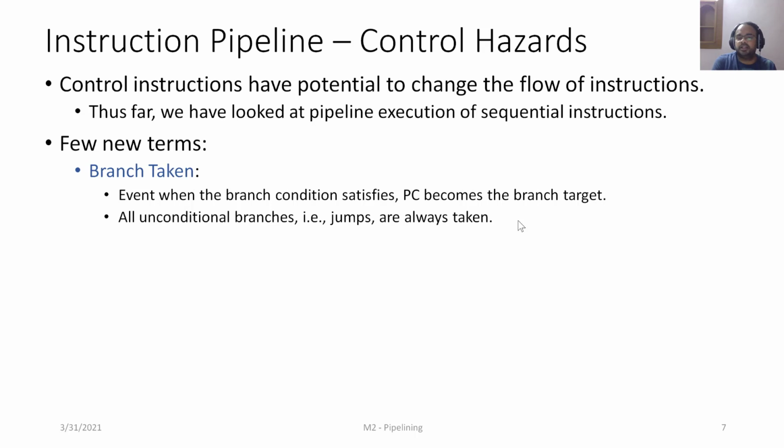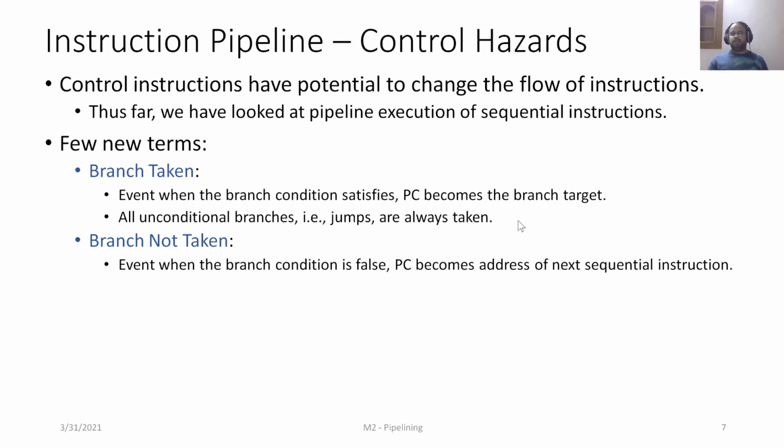When we look at the unconditional branches or jumps, they are always taken because there is no condition check at all. We always go to the target location. Branch not taken is the other event wherein the branch condition is not satisfied, and what we do is we go to the next sequential instruction. So PC becomes PC plus 4 ideally, right?